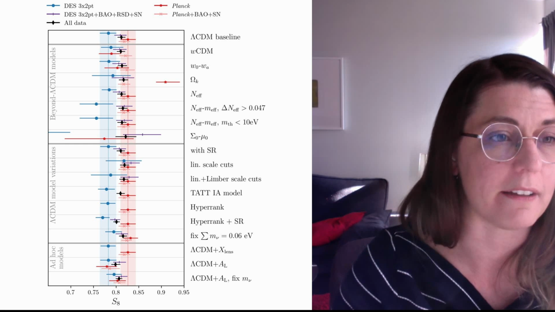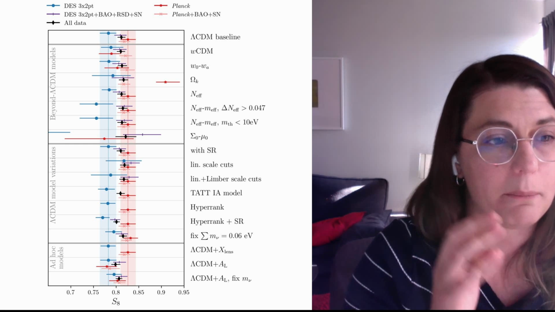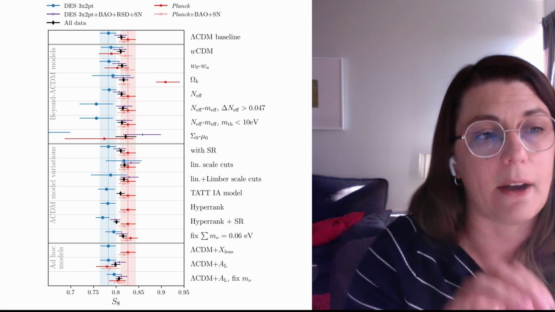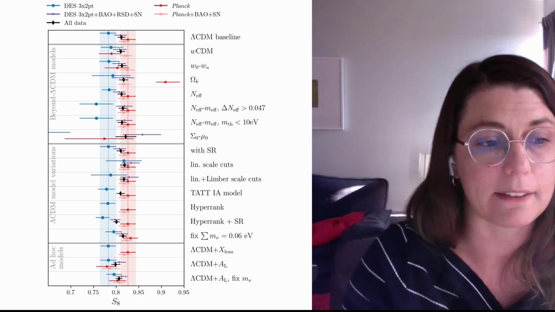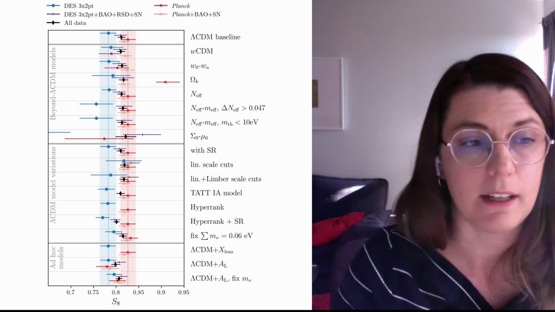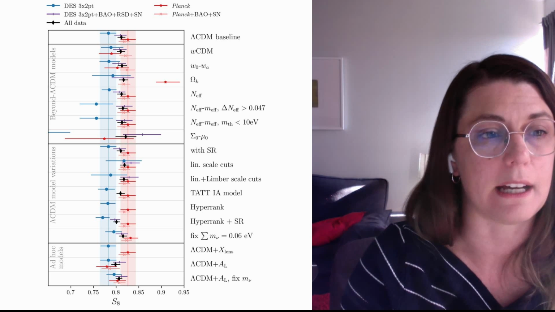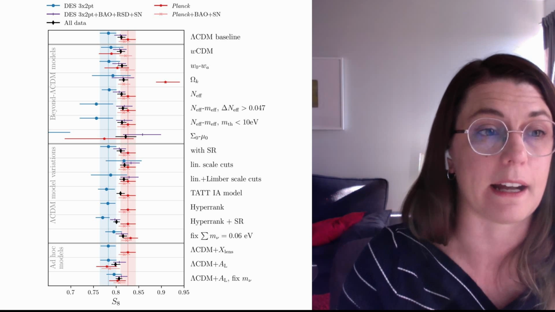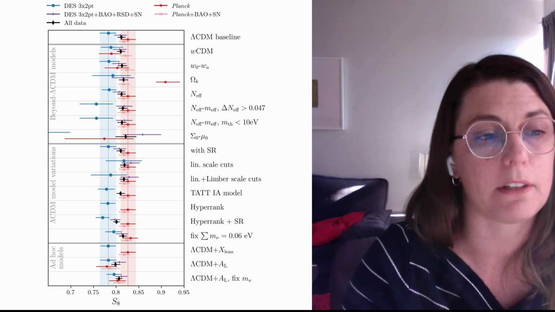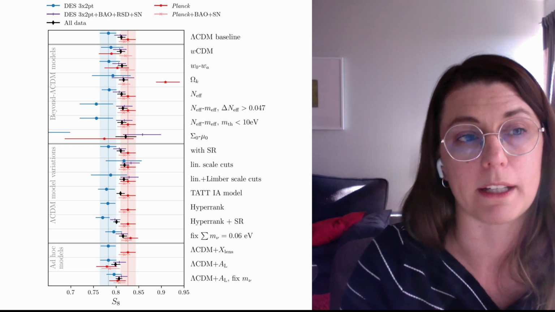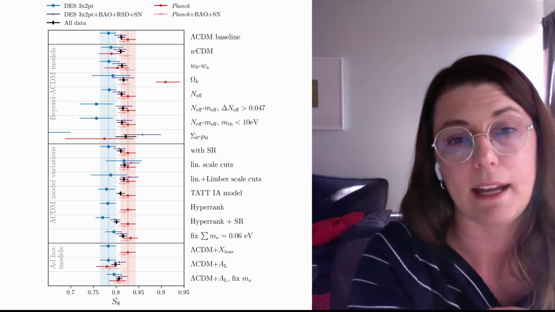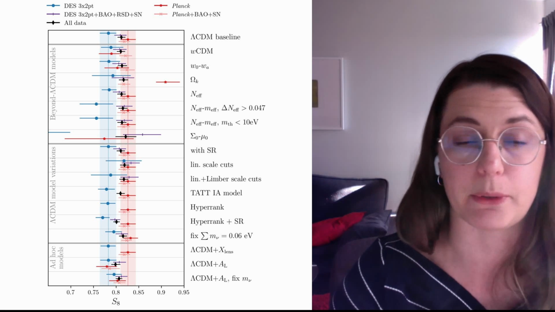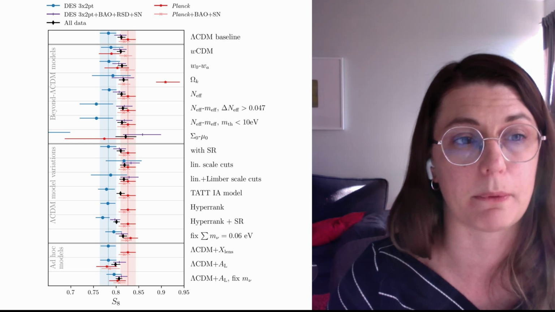So this is yet another fairly busy plot, but basically what it's looking at is how different choices of model impact the inferred S8, and we're showing this for a number of different data combinations. Particularly the blue band and the red band are marking the locations of the DES only point for Lambda CDM and the Planck only point for Lambda CDM, so the blue and red points in the top row.